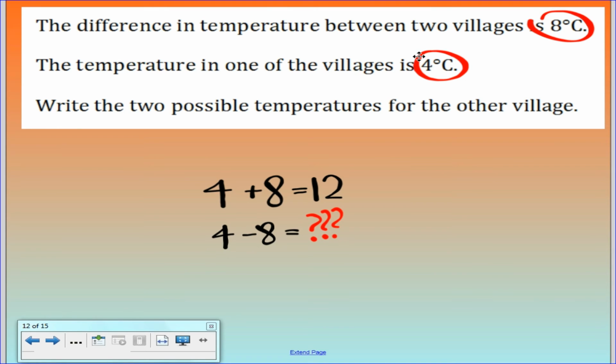perhaps you already know, but let's try a number line to make sure we have the correct answer. So we draw our number line. We'll start with 4 at the top.